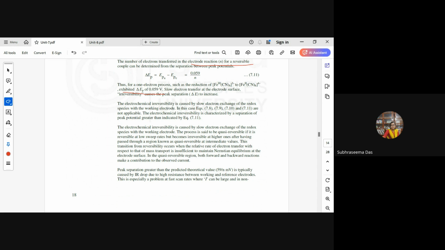The electrochemical irreversibility is actually caused by slow electron exchange of the redox species within the electrode. So in all these cases, electrochemical irreversibility is particularly characterized by a separation of peak potential which is greater than that indicated by this equation.